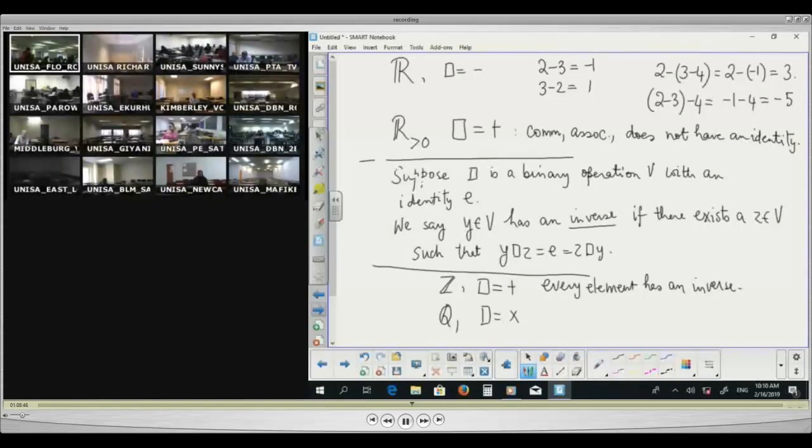Yes, it has 0, but the operation is multiplication. What's the identity? 1. Right? Does it have an inverse? Yes, 1. Correct. You see, only over here, the identity is 1.